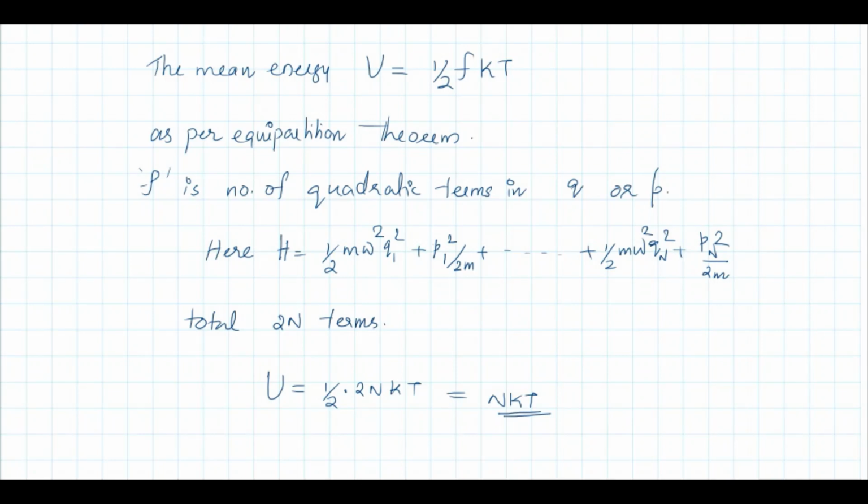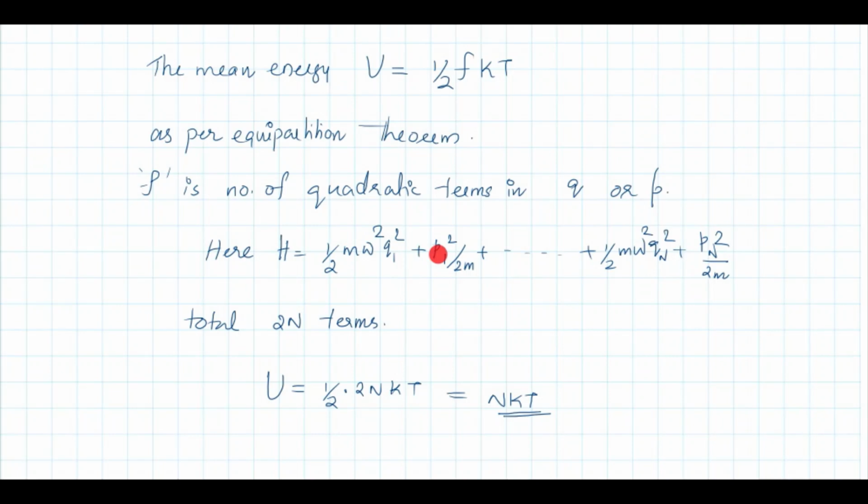Here, our Hamiltonian is, for the first oscillator, half m ω² q1² plus p1²/2m, plus for the second and plus for the third, and finally plus half m ω² qN² plus pN²/2m. So, how many quadratic terms are there?